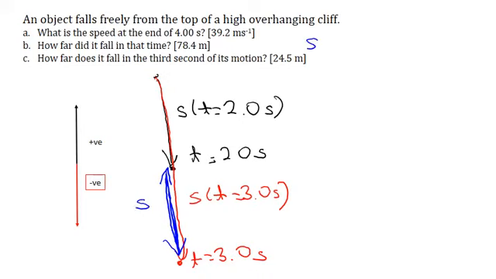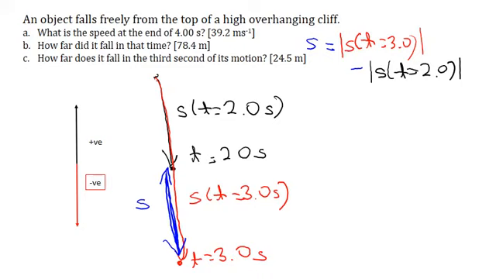So S will of course be equal to the value of the displacement at t equals 3 seconds, I'm putting an absolute value sign just to indicate it's the magnitude, minus the magnitude of displacement at t equals 2.0.